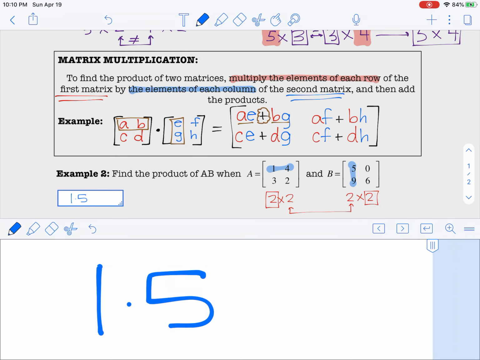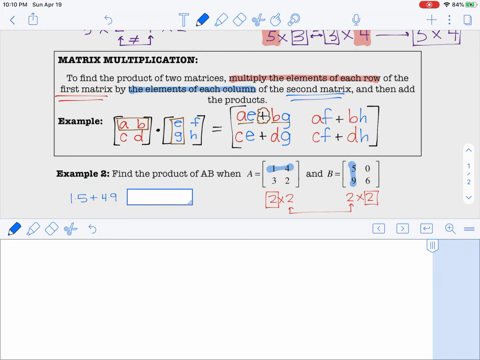Then the second element is a 4 in the row and a 9 in the column. And then we would add these two products together. So eventually our first row, first column value should be 5 plus 36, which is 41. All right, so let's look at our next one.